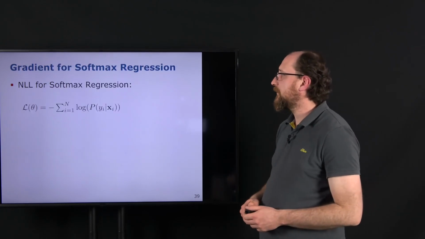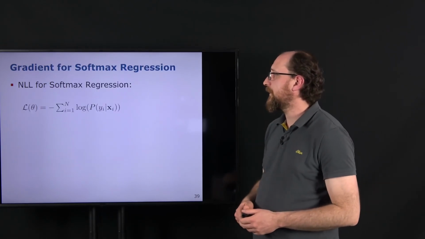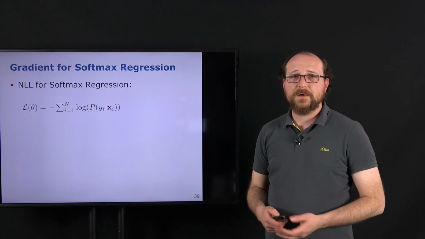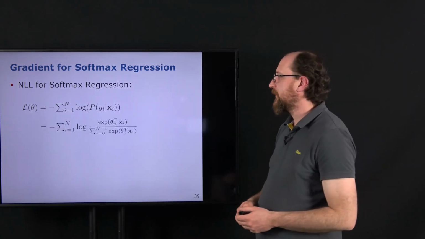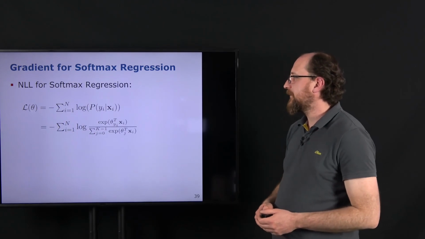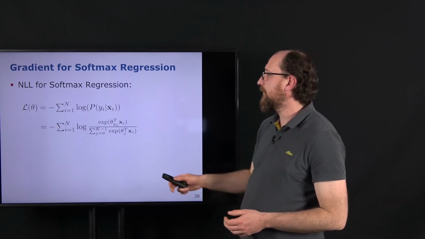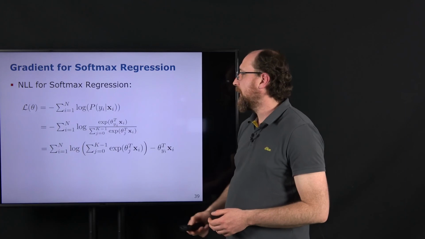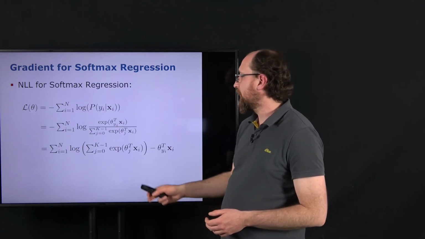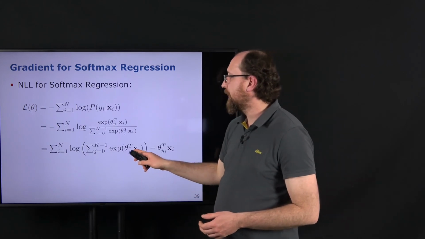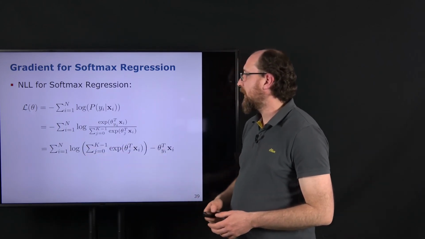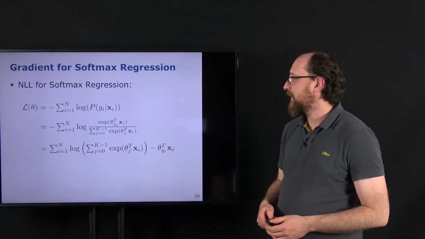Just shortly to derive this, we start again with the negative log likelihood. Then, as you can see, the usual thing: we plug in our model, then use the logarithm. The good thing here is that the logarithm cancels out the exponential, and in the lower part we are just keeping the sum.